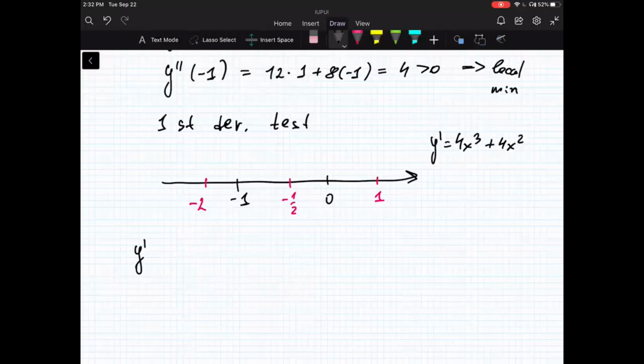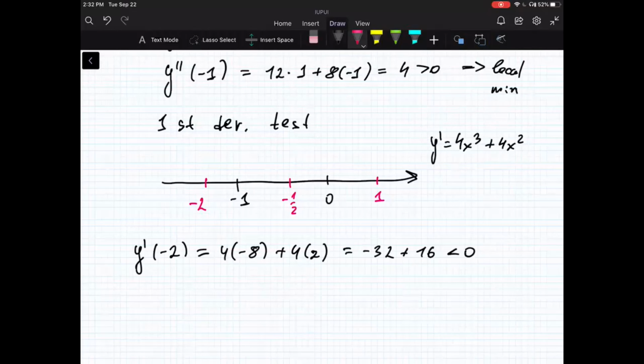Maybe it will confuse you. So y prime at point minus 2 will be what? 4 times minus 8 plus 4 times 4, and so it is minus 32 plus 16, so it's negative. That means that here my function is decreasing.